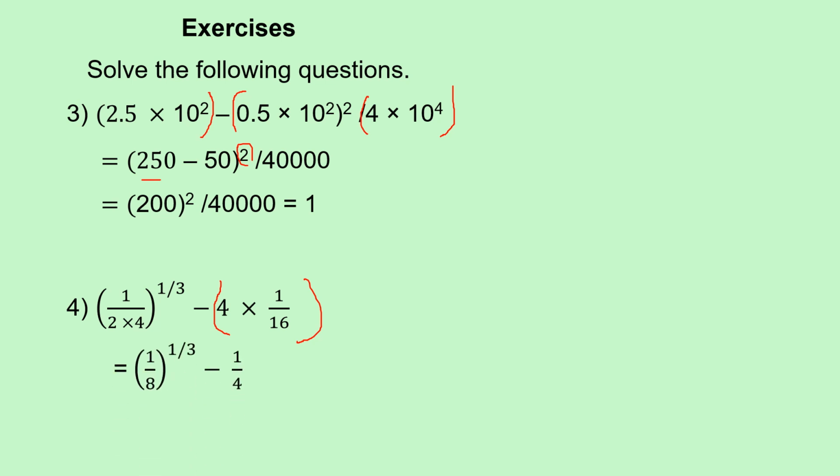You can solve this problem by multiplying first 2 times 4 and it becomes 8. So this one is the cube root. And then minus this one, you can also solve first, so it will give you 1 over 4. So the answer in this case is 1 over 4.